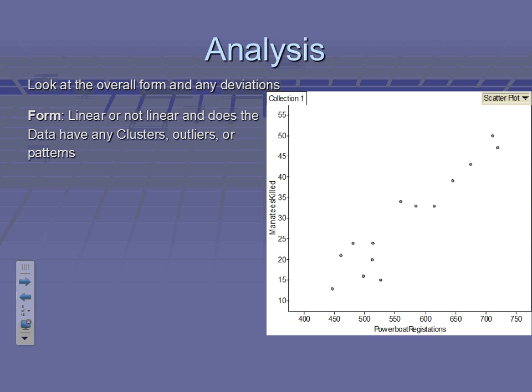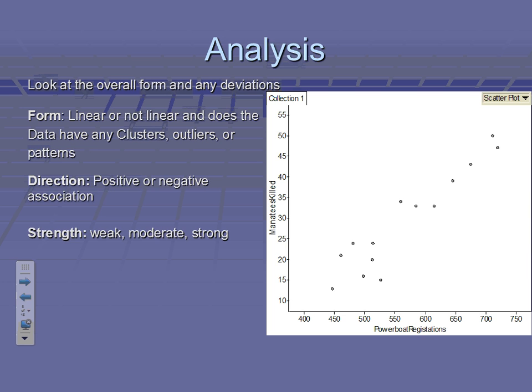Maybe we mention right here there's a big cluster of data. That might be worth mentioning as well. So the first thing, is it linear, is it not? The next is the direction of the association. So here we have a positive association, and then you want to discuss the strength. And when I say discuss, it's literally just mention, is that a weak, a moderate, or a strong relationship?